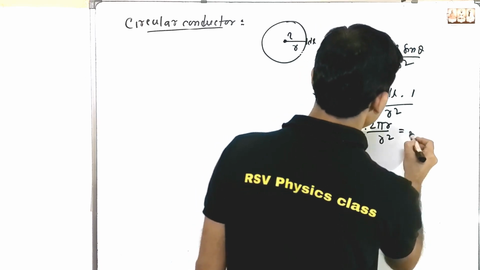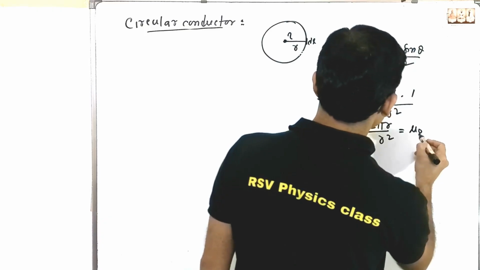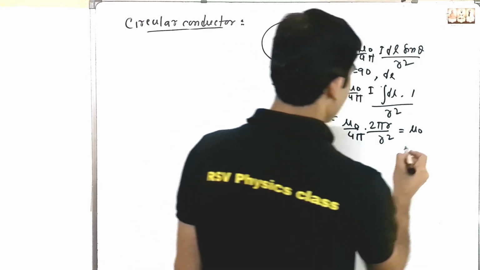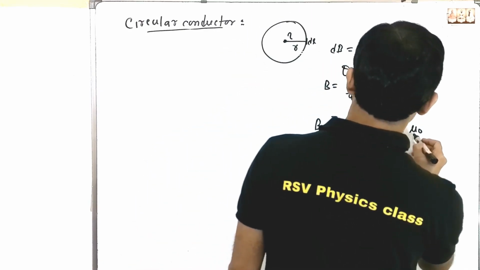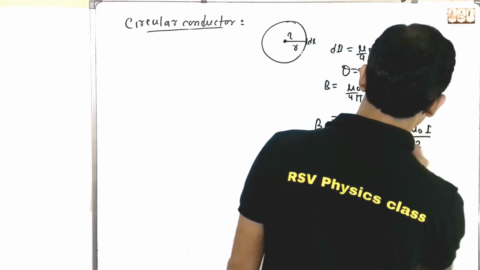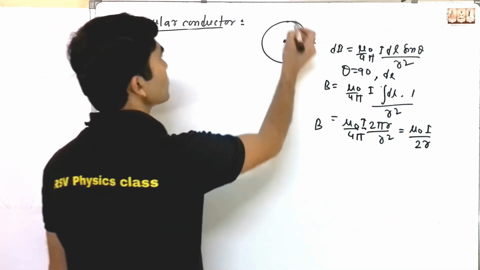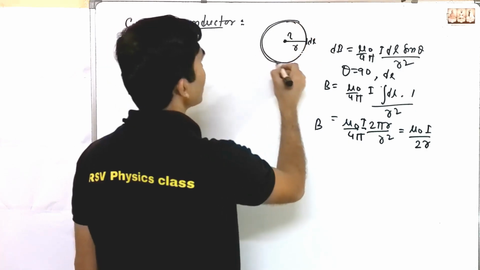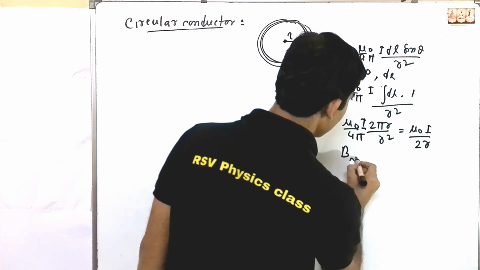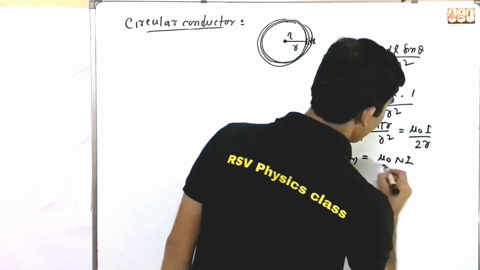So B equal to mu 0 I over twice r. This is the magnetic field at the center. And this is for a single wire, and if you have multiple wires, n number of wires here, then B equals mu 0 n I over twice r.